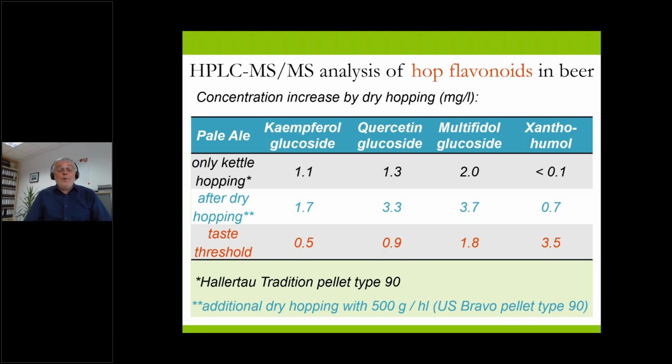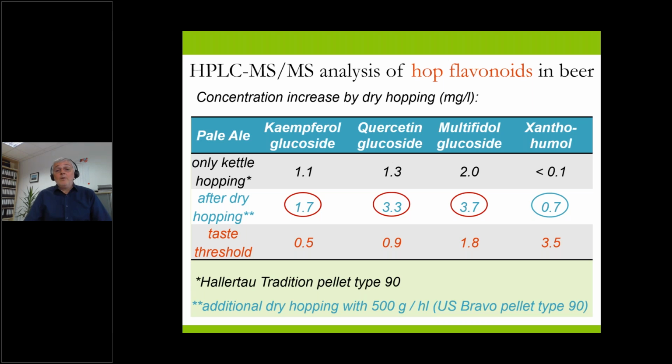And if we compare these concentrations with the taste threshold published by Dresel in 2015, you see that especially after dry hopping, you get higher concentrations as compared to the taste threshold for the glucosides. So per definition, they are clearly key bitter compounds now. Only for xanthohumol, you are lower than the taste threshold.